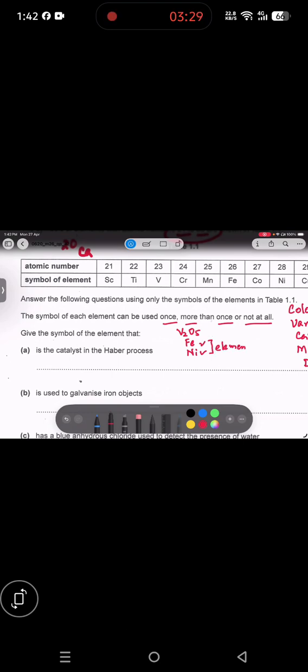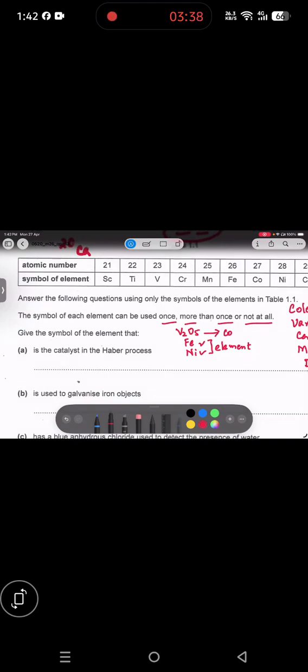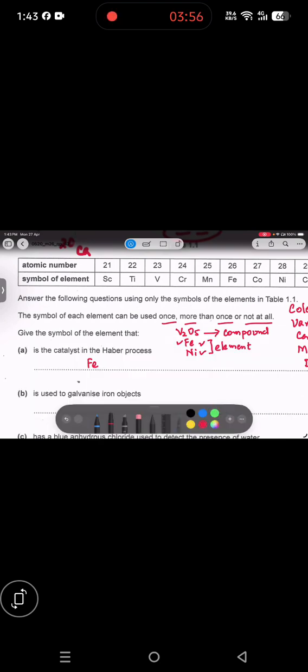Remember this point. The compound form of a catalyst of a transition element is vanadium pentaoxide. Now, iron is used in the Haber process, so the first symbol is iron, Fe.